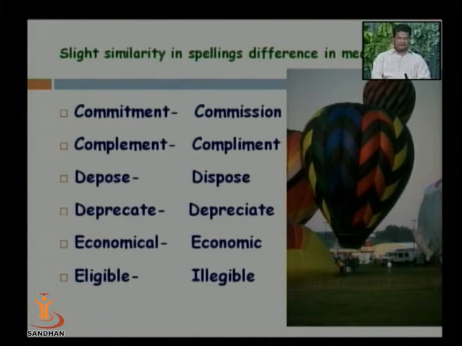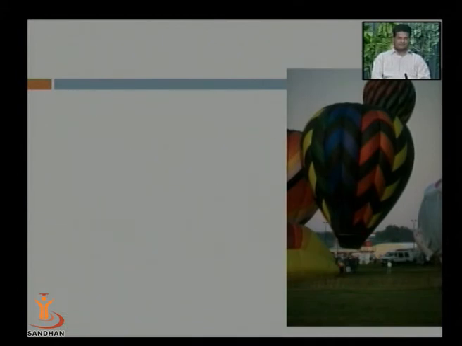Here the only difference is one letter. Instead of E, there is I. Depose, dispose. Deprecate, depreciate. Here pronunciation changes. Economical, economic. Now this creates confusion. Eligible, illegible. Entirely different meanings. We'll see certain pairs in detail.